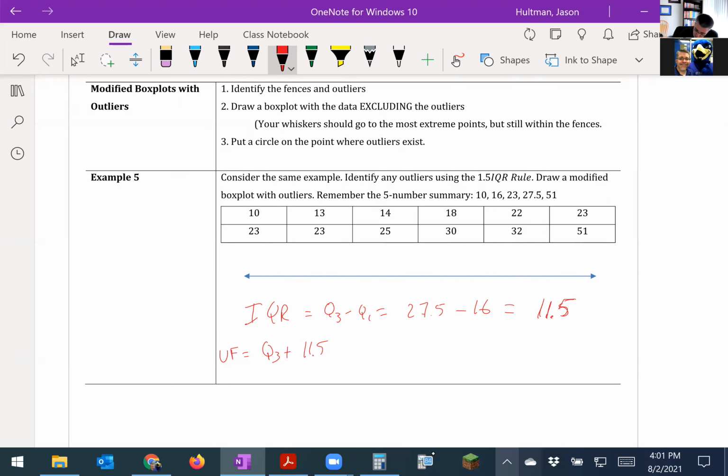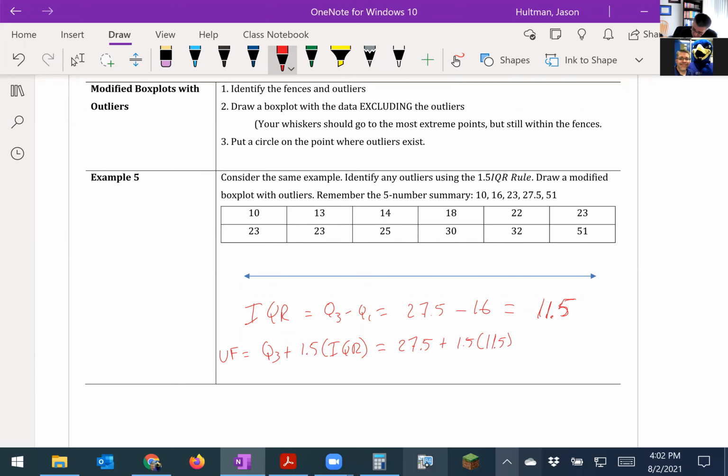The upper fence is Q3 plus 1.5 times the IQR. Sorry, I don't want to just go up an IQR, I want to go up 1.5 times the IQR. Q3 was 27.5, so this is equal to 27.5 plus 1.5 times 11.5.